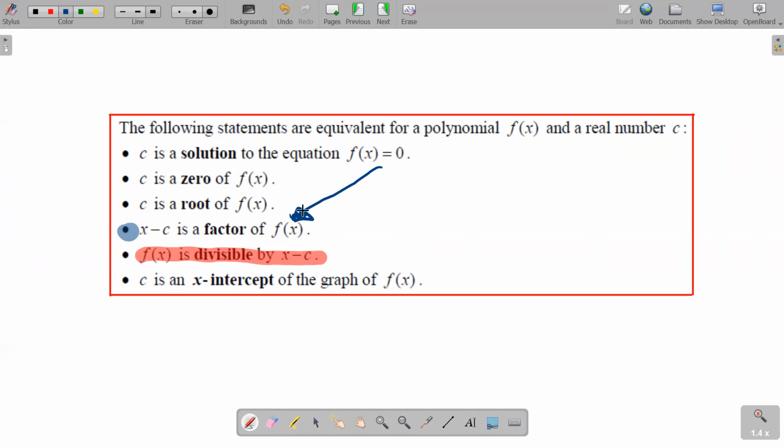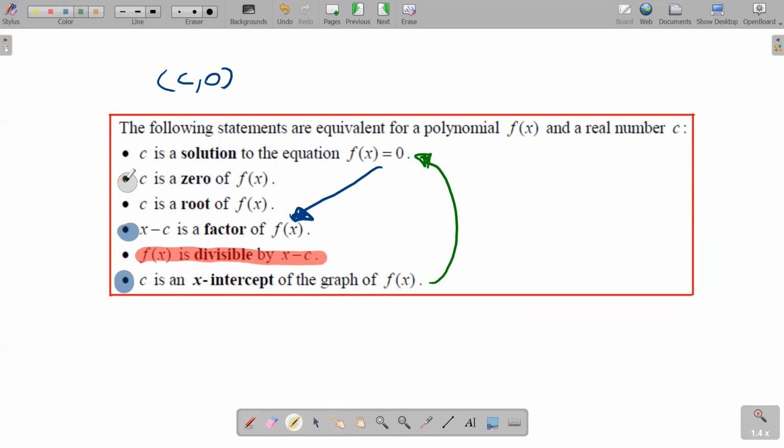And as we said before, when we have f of c equal to 0, that means that we have a coordinate c, 0, and that one is an x-intercept. And that's why if they say to us c is an x-intercept of the graph f of x, that is just referring to the fact that f of x is going to be equal to 0, which is the factor theorem.